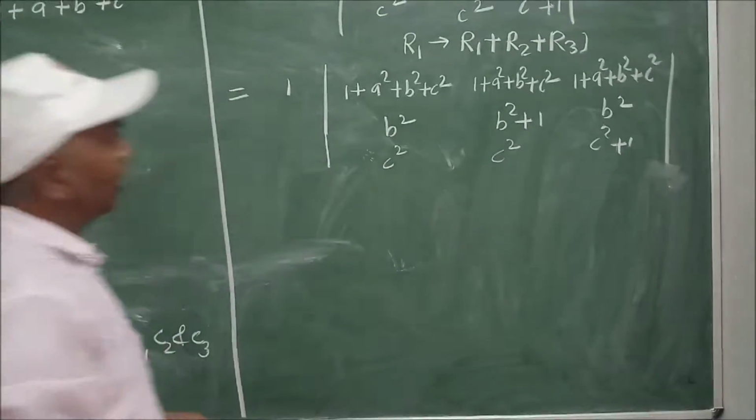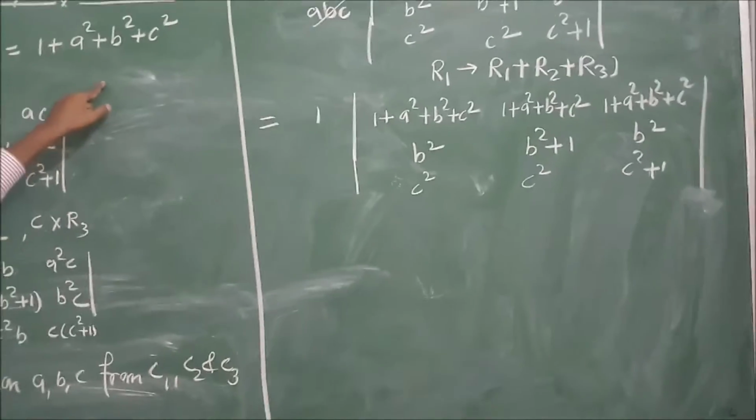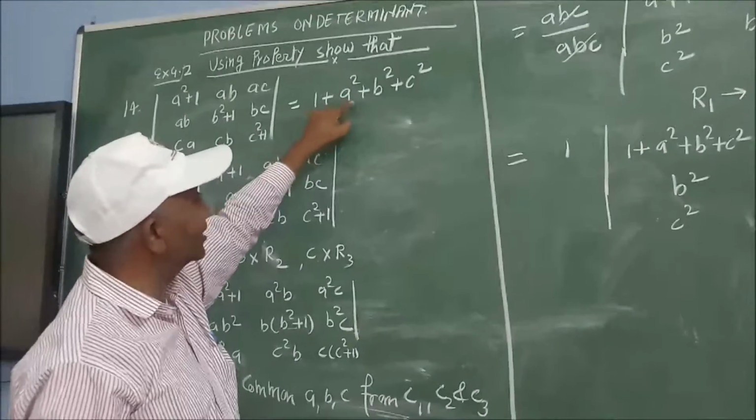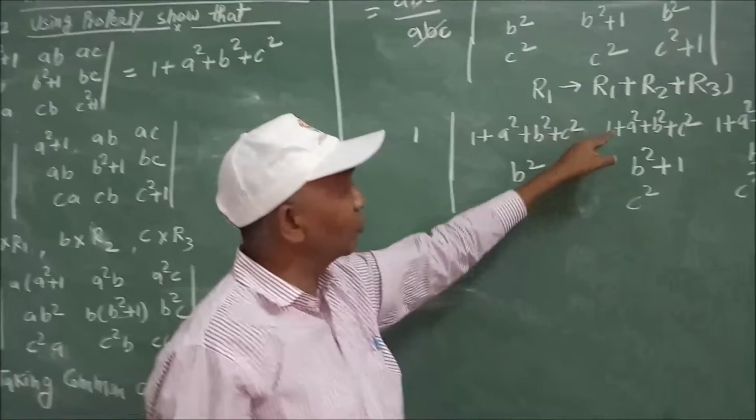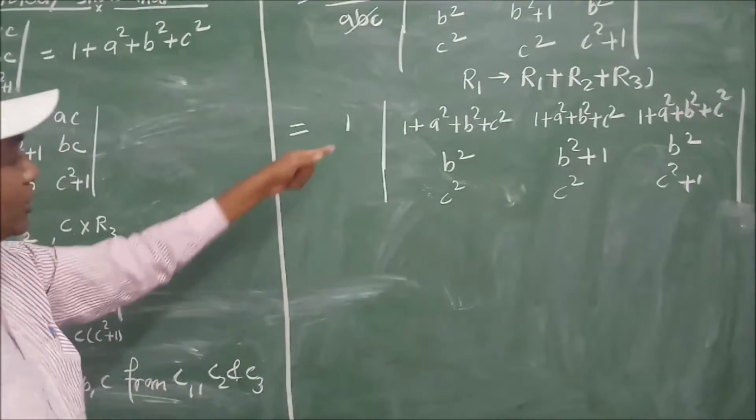So can you guess how you will get the answer? See here, your answer will be 1 plus a square plus b square plus c square. You can take 1 plus a square plus b square plus c square common from the first row, using the property.